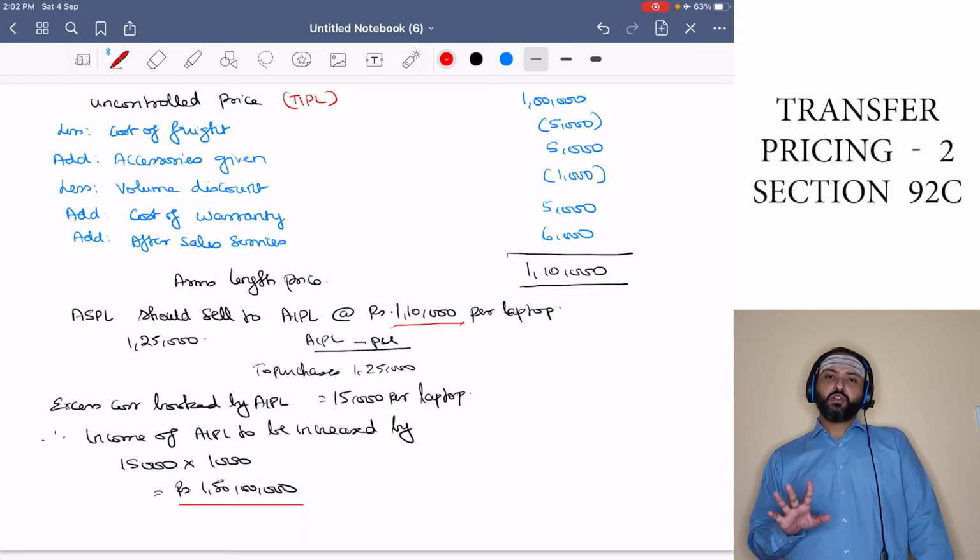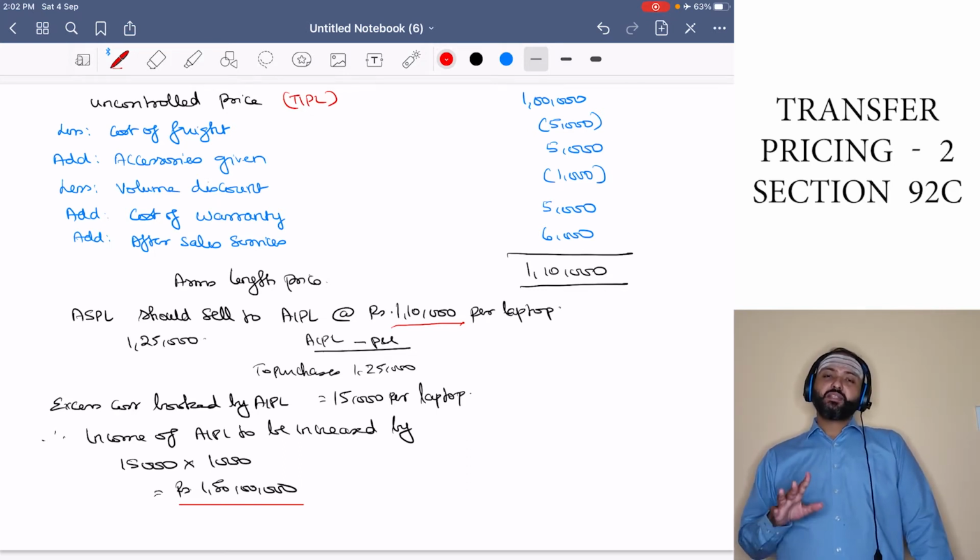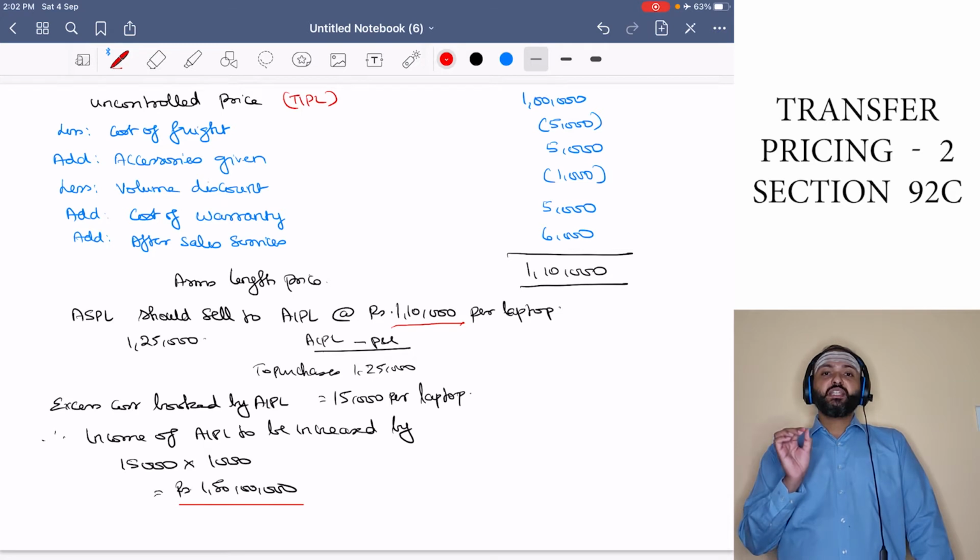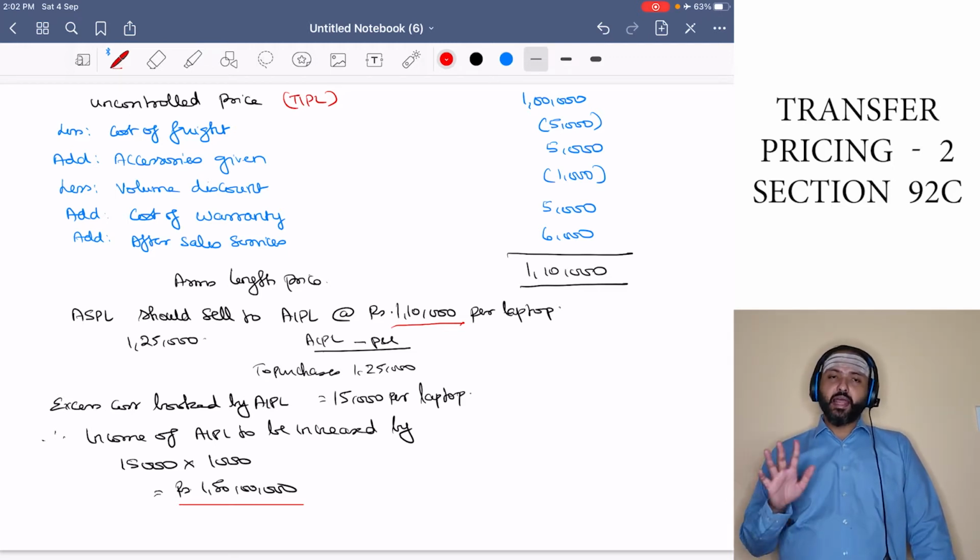So the 15,000 rupees of excess money which I paid for each laptop will now be treated as my income, because only 1,10,000 can be charged. Since they have charged me 1,25,000, this additional 15,000 rupees per laptop for 1,000 laptops will become my income, which is added to my profit and is chargeable to tax.